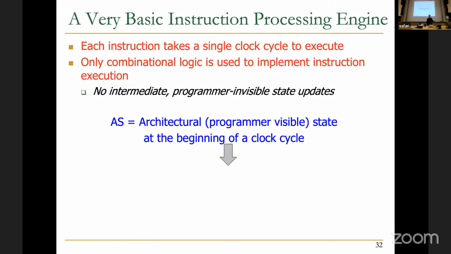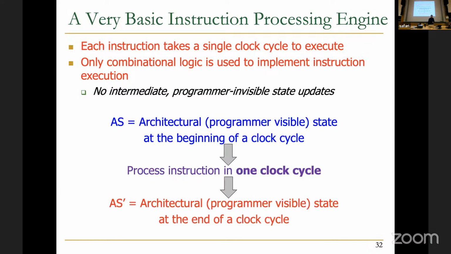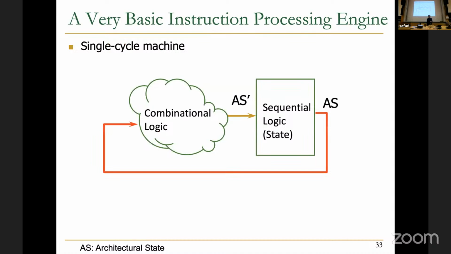Take AS, I'll call it AS from now on since architectural state is a mouthful. You process the instruction in one clock cycle. This is the clock cycle of the machine, the sequential logic. And you produce architectural state prime that's visible to the programmer again at the end of that clock cycle. So you can see this single cycle machine, or you can make it pictorial like this, right?